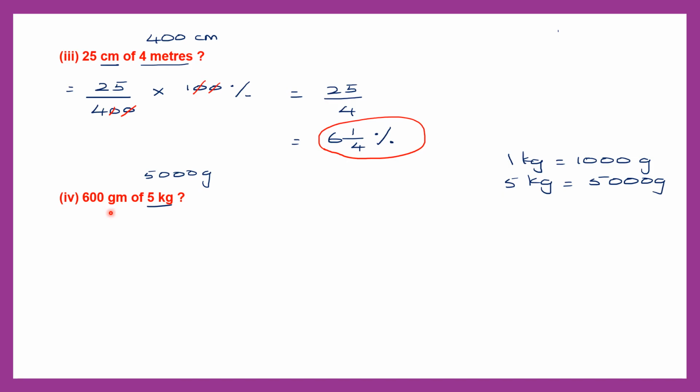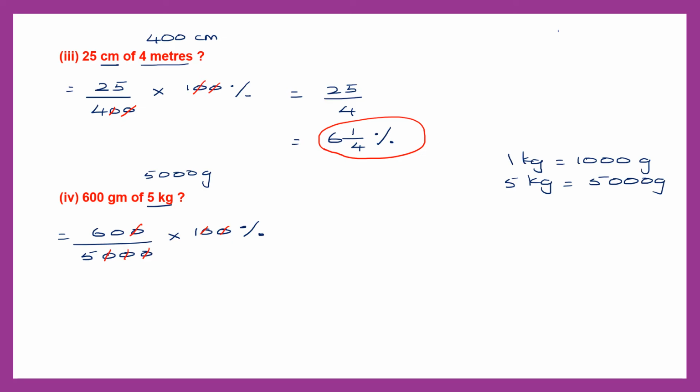So now first thing, write it as a fraction. So this will be 600 by 5000 and we're converting it to percent. So into 100%. So let's cancel. I can cancel 2 zeros. I can cancel one more zero from here. So what do I have? 60 by 5.